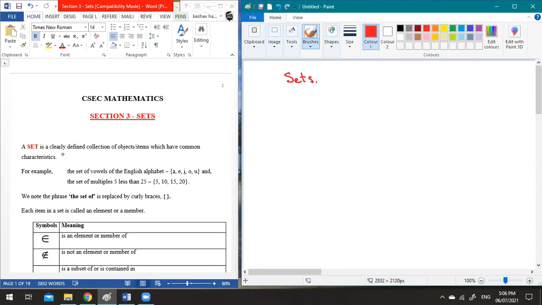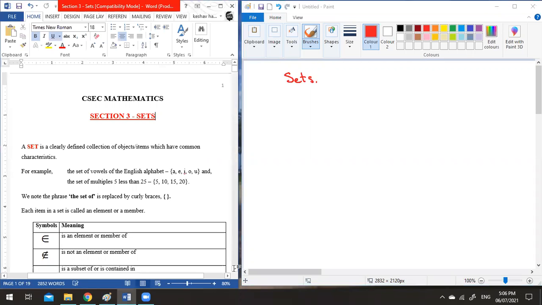So a set is a clearly defined collection of objects or items which have common characteristics. Right? What I mean is that they basically represent a group of items or elements. Usually we call them elements.